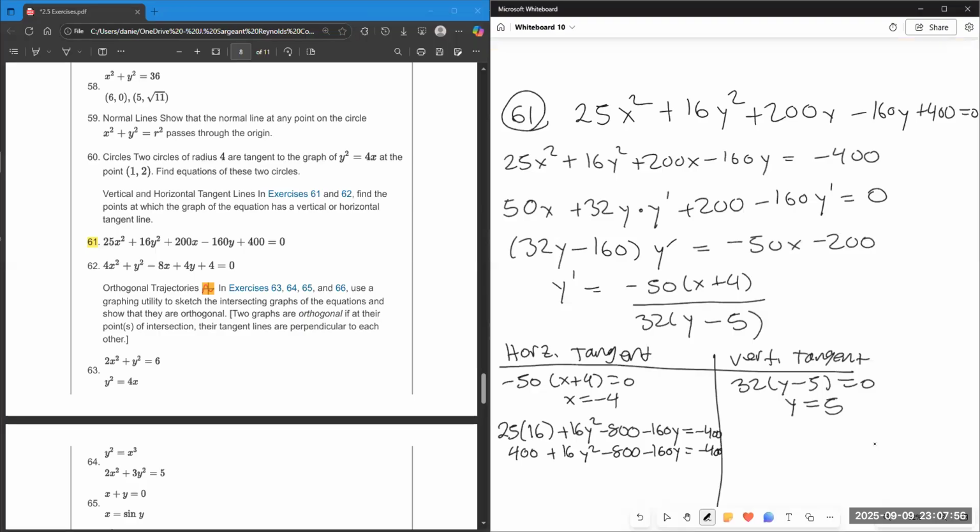So if I subtract 400, I get negative 800, and then add 800 to both sides. All of these constants will make a 0 on the right-hand side. We have 16y squared minus 160y, but I can factor a 16y out and get y minus 10 is equal to 0.